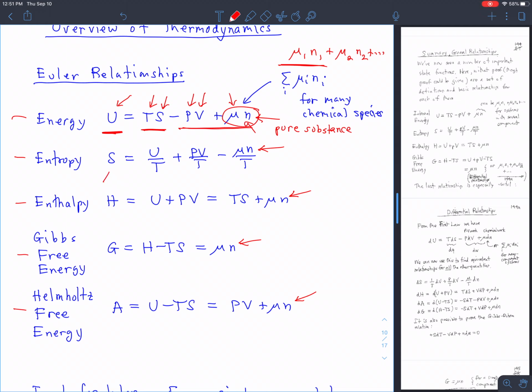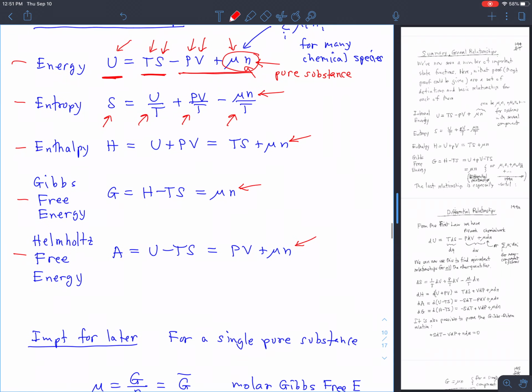Same thing now for entropy. There's an Euler relationship: the energy divided by temperature, plus pressure times volume over T, minus chemical potential times N divided by T. And now from this one, essentially this top one, we can find Euler relationships for enthalpy, Gibbs free energy, and Helmholtz free energy using the definitions that we wrote out earlier.